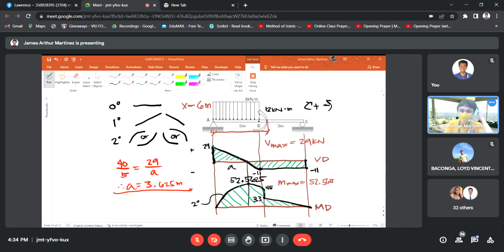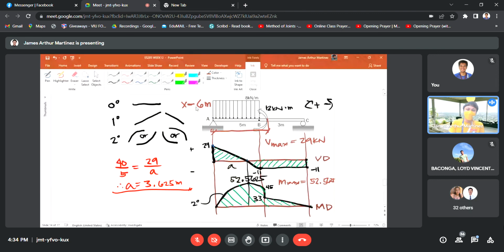Anyway, another question. Same problem, with a given problem, and let's say the problem requires, at a 6 meter distance, the value of shear and moment.